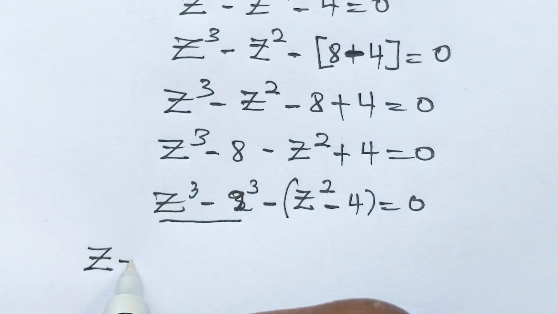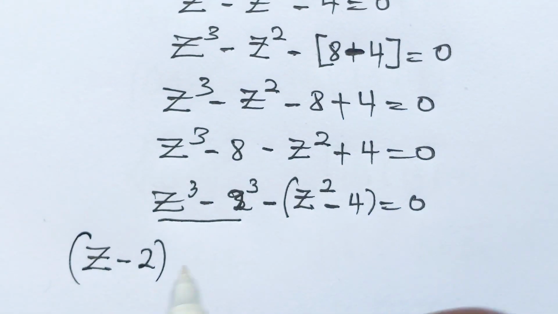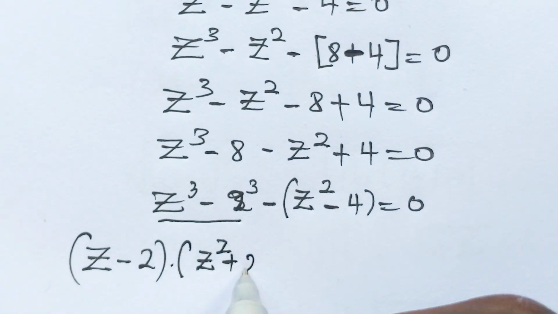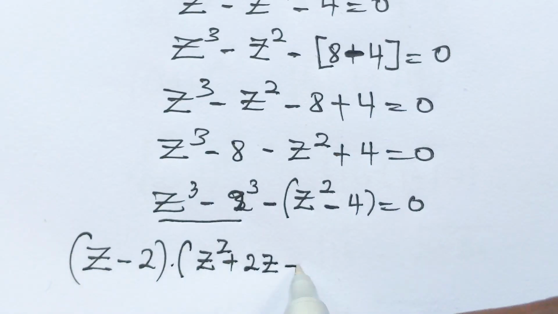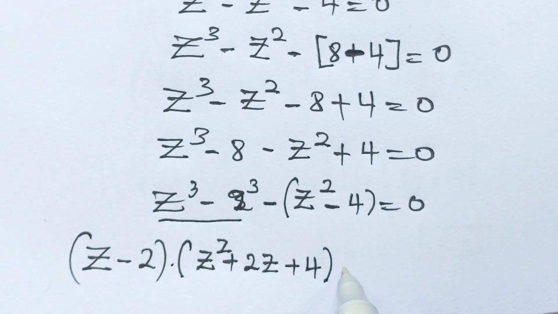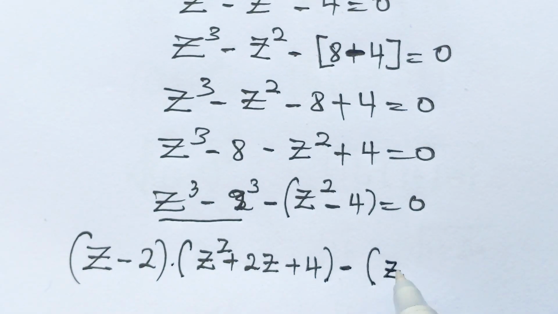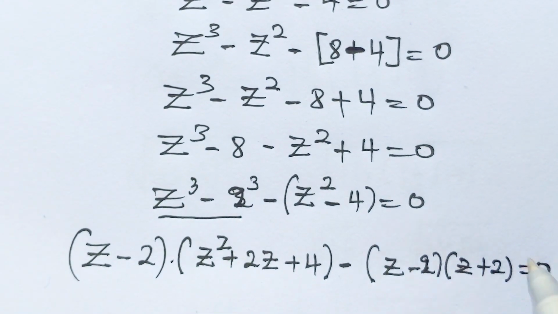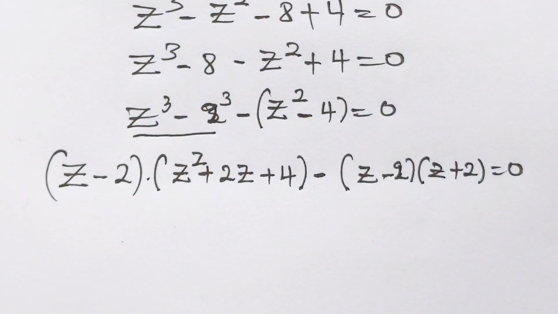This will provide z minus 2 times z squared plus 2z plus 4, minus z minus 2 times z plus 2, equals 0.